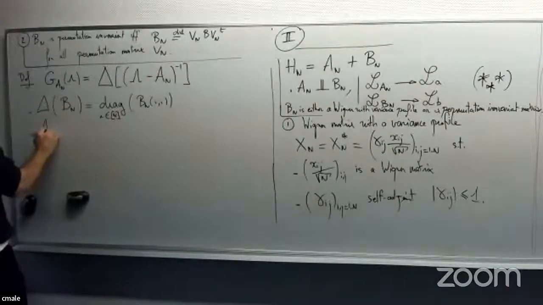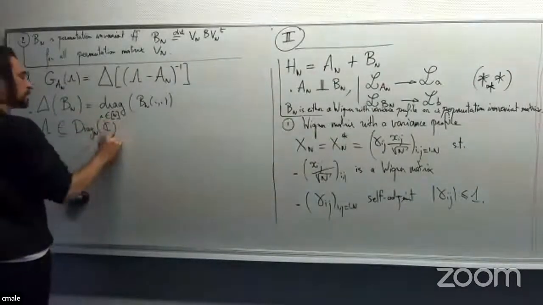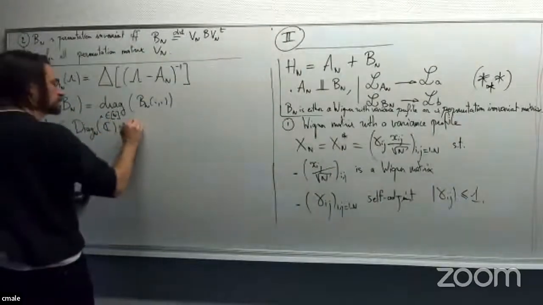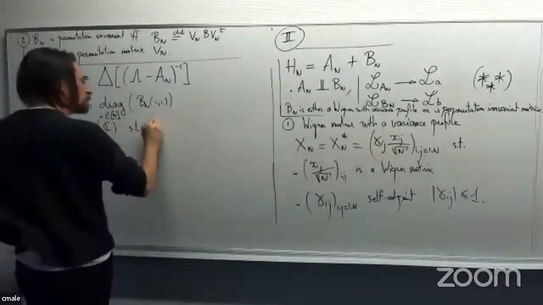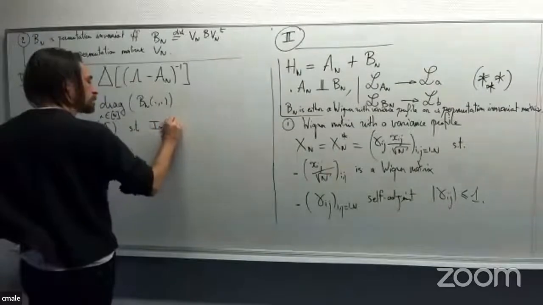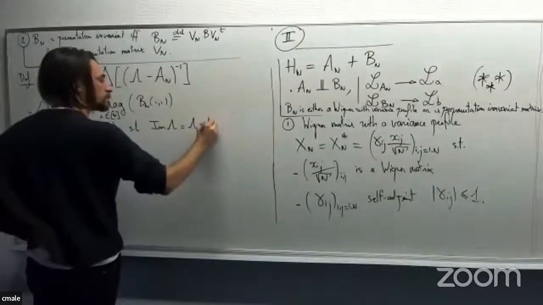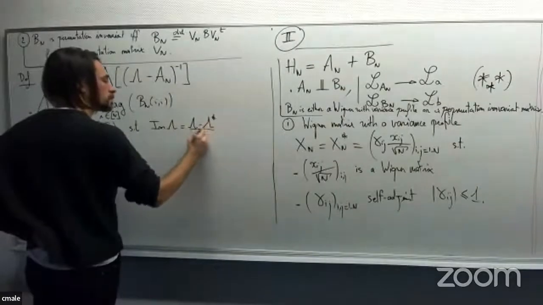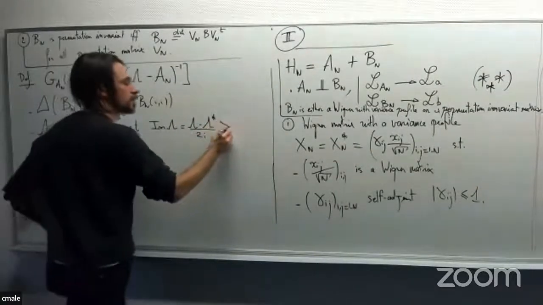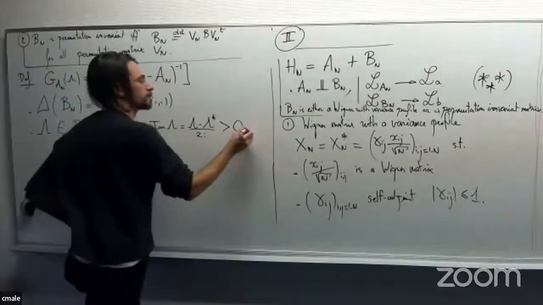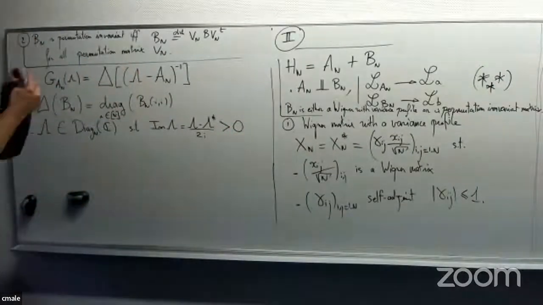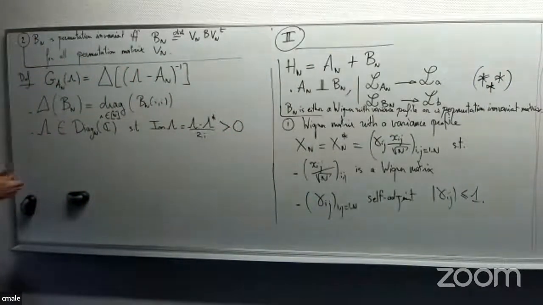And Lambda is a diagonal matrix, in the set of diagonal matrices over C, such that the imaginary part of Lambda is a positive matrix, which means that its diagonal entries are strictly positive.